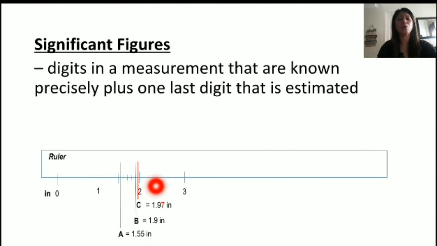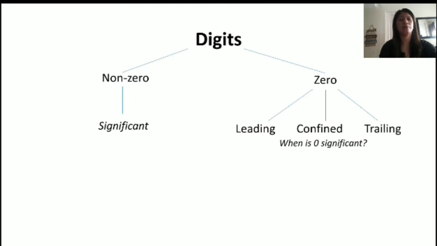So it may be 1.96, 1.97, 1.98, or 1.99. So the third digit is considered estimated, but still considered significant. So that's what we mean by precision and estimated in terms of significant figures. The 7 digit is already estimated.